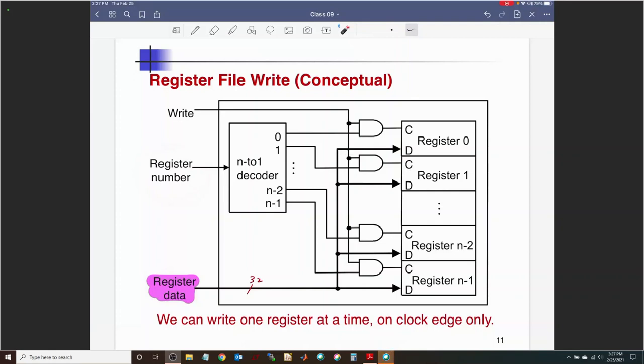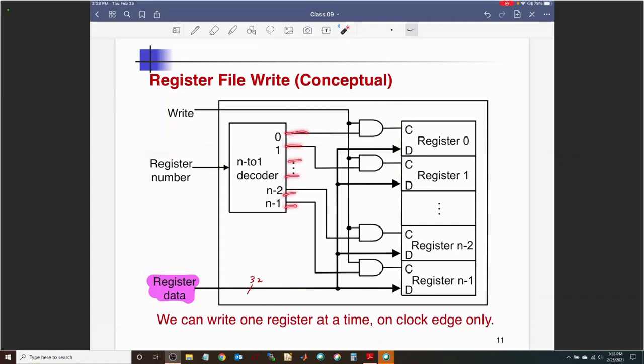We have learned that. So you have an n:1 decoder over here. The outputs are 0, 1, all the way down to n-1. When you provide a particular number, say 17 or 5 or 29, whatever register you want to write into, you provide that number over here. It is going to make one of these guys active.